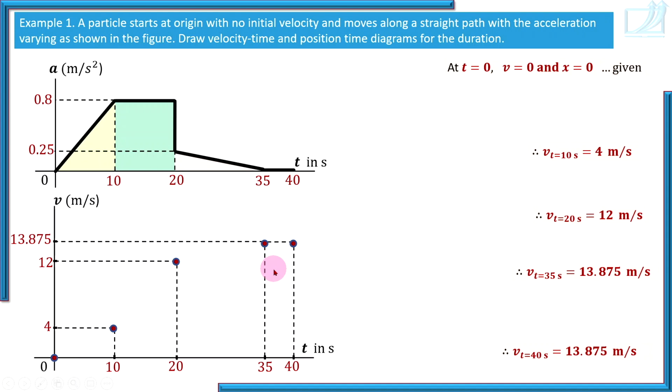Everything is important: how to mark these instants, how to take care of proportions, and how to join these points. Now listen. AT diagram is given. That is why I am asking you this question now. How is AT diagram related with velocity? Now since we are drawing VT diagram, I am asking you how VT diagram is related with acceleration.